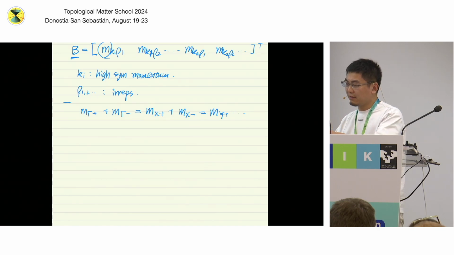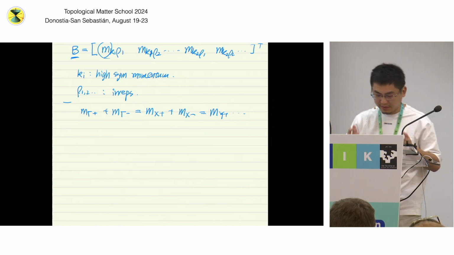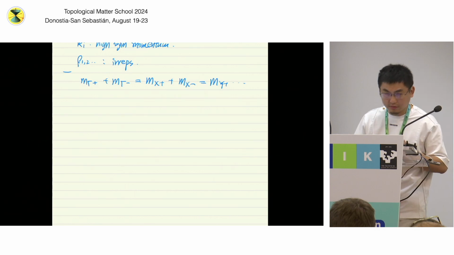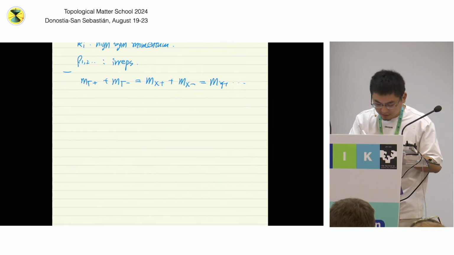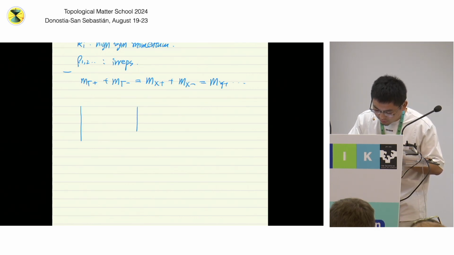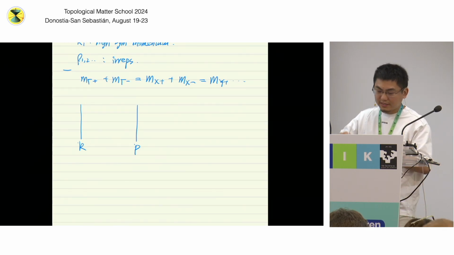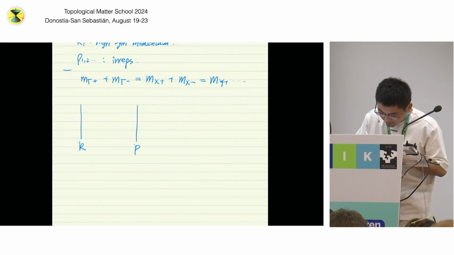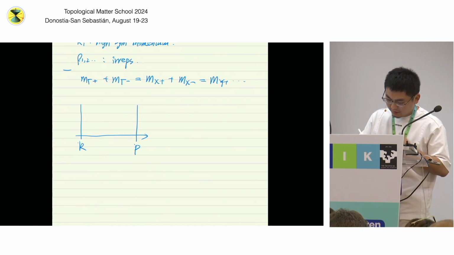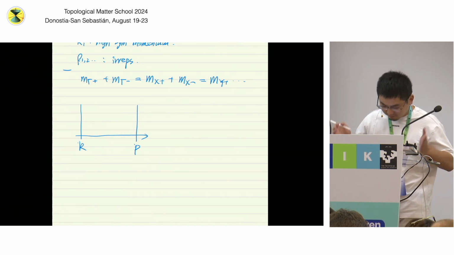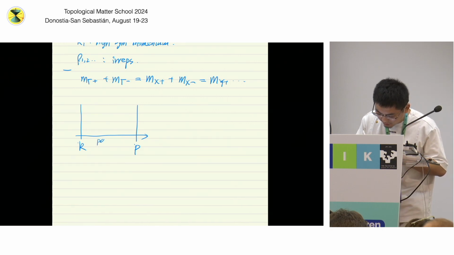For example, the levels along the high symmetry path must follow the so-called compatibility relation. So let's consider two high symmetry points, K1, K2. Let me write them as K and P. So these are two high symmetry points, and along them, there's a high symmetry path that connects these two high symmetry points.